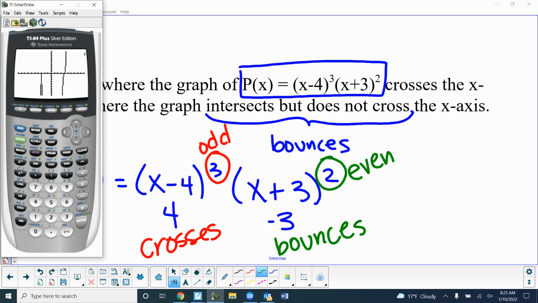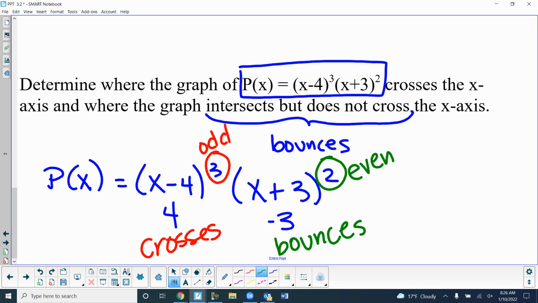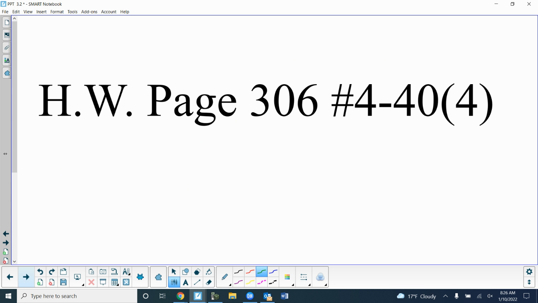It bounced at -3. It was hard to see, but it hit and it bounced off. If you want to put it in the calculator, you can, but it's really that easy. If the exponent on your parentheses is even, it bounces; odd, it crosses. It's that easy. So, lots of stuff today, like I said.